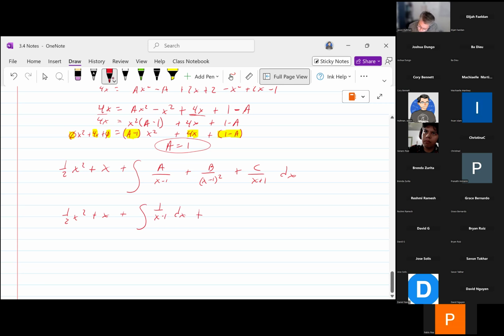That was 2. That's the integral of 2 over (x minus 1) squared dx, plus c, which is -1 over x plus 1 dx.